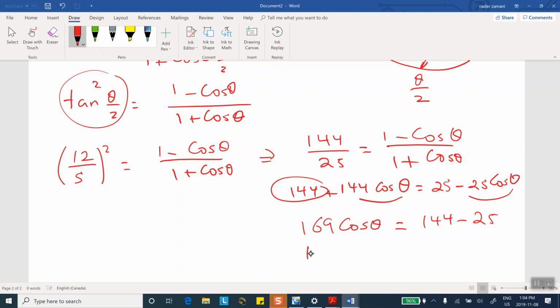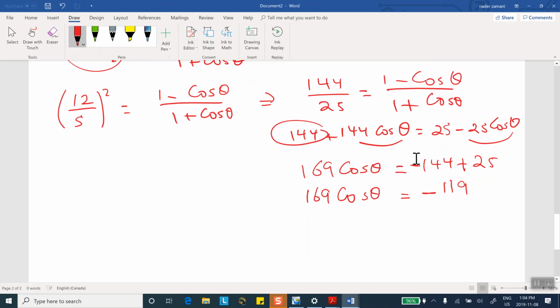Well, actually, this is a minus, this is a plus, right? It looks like this is what we've got. So we have cosine of theta, this is what we wanted, equal to minus 119 over 169.